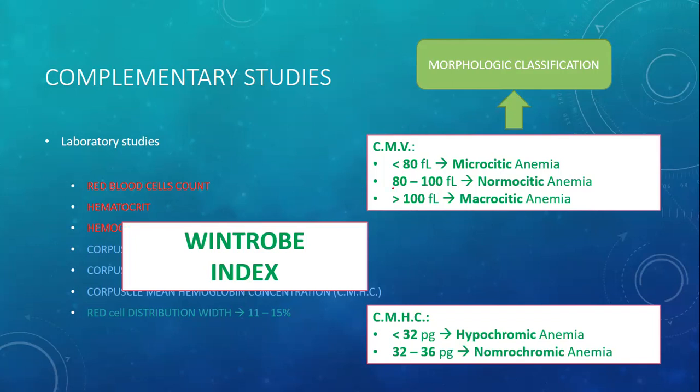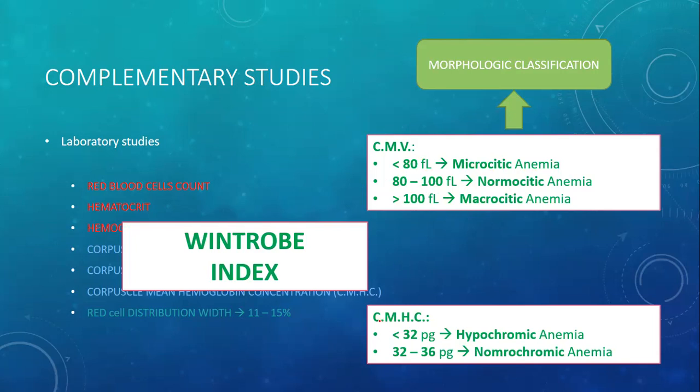So when it is lower than 80, it's called microcytic anemia. And when it is higher than 100 femtoliters, it is a macrocytic anemia, okay? Micro and macrocytic anemias.